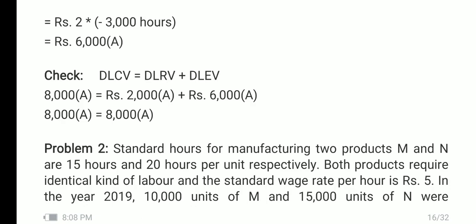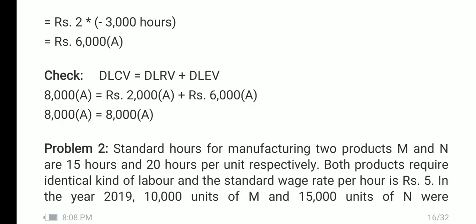So, labor efficiency variance is also adverse 6,000 rupees. It is easily understandable. Actual time taken is 9,000 hours, which is more than the standard time fixed for actual output, 6,000 hours, by 3,000 hours. When actual time taken is more than the standard time fixed, naturally we understand that the situation is against us. The variation due to this is 6,000 adverse.